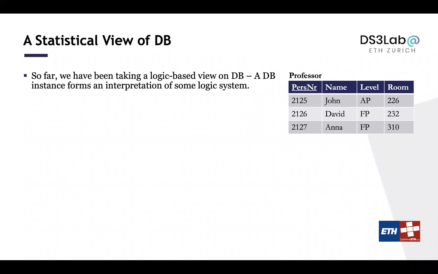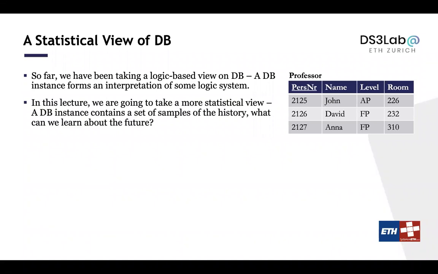In this lecture, we are going to take a different view. We are going to take a more statistical view of the database, and you can see that once you take that view, the notion of query starts to change. That can enable a whole bunch of other types of functionalities that go beyond relational queries.